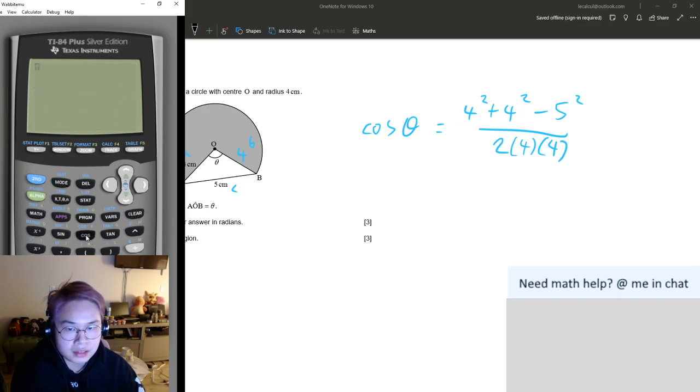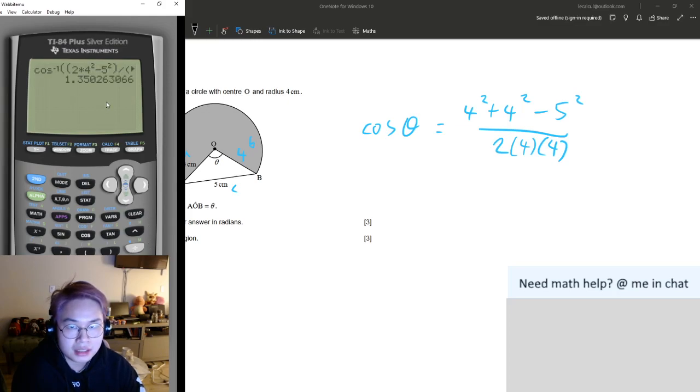And then I'm just gonna do the inverse right away. And let's see, we have 2 times 4 squared. We're gonna subtract 5 squared. I know I could just type 25, but oh well. Divided this by 2 times 4 times 4. So 2 times 4 times 4. Bracket, bracket. I think that's all the brackets I need.